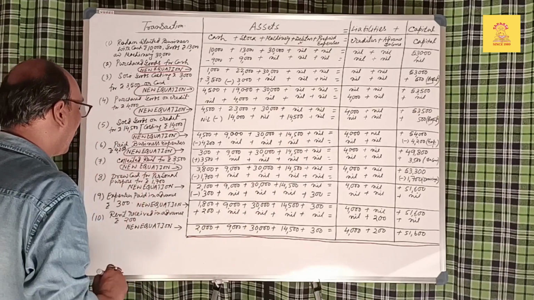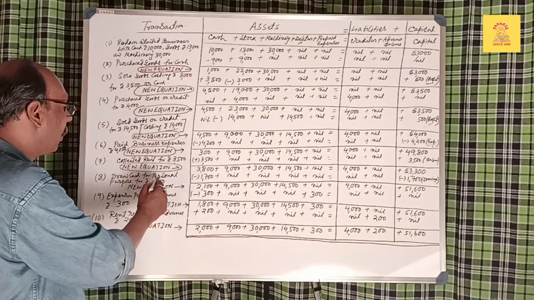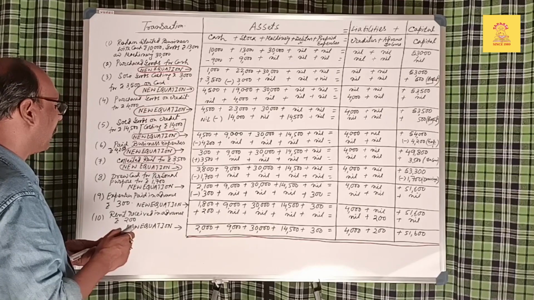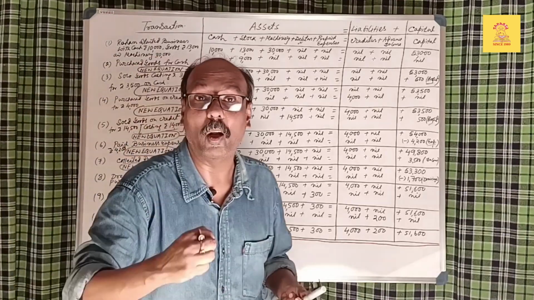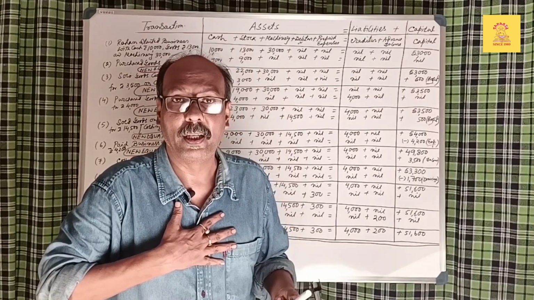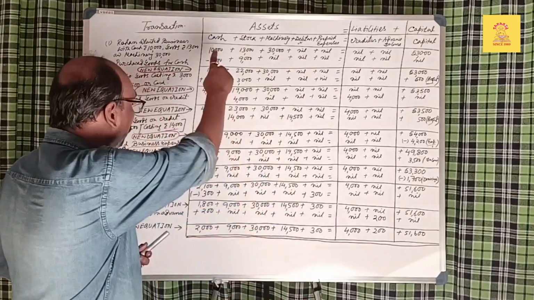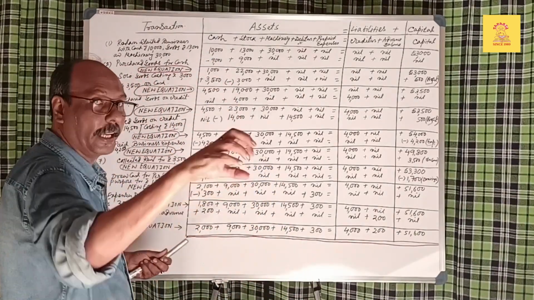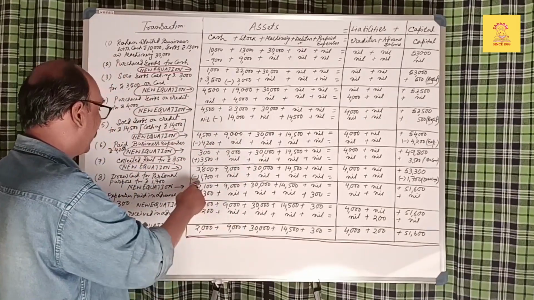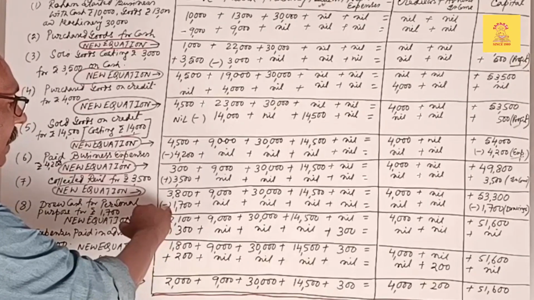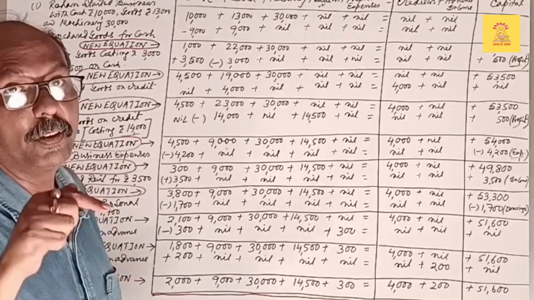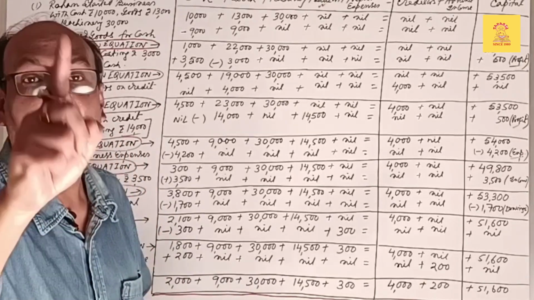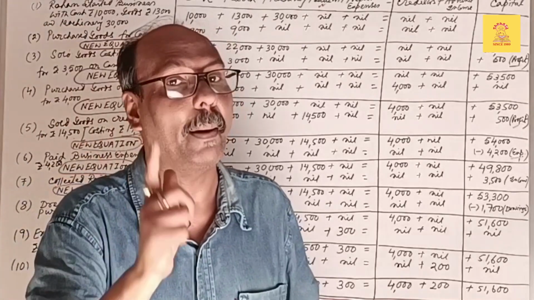Next, number 8, drew cash for personal purpose for rupees 1,700. You have drawn cash for your private purpose. The cash position of the firm decreases. You have taken cash out of your business, so 1,700 is subtracted. Whenever you take something for your private use, that affects your capital.